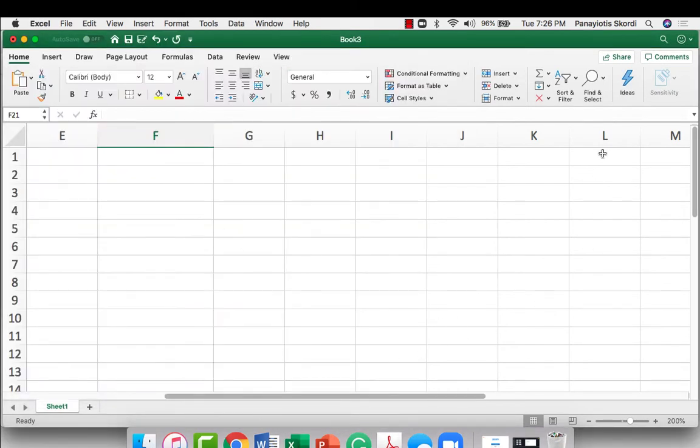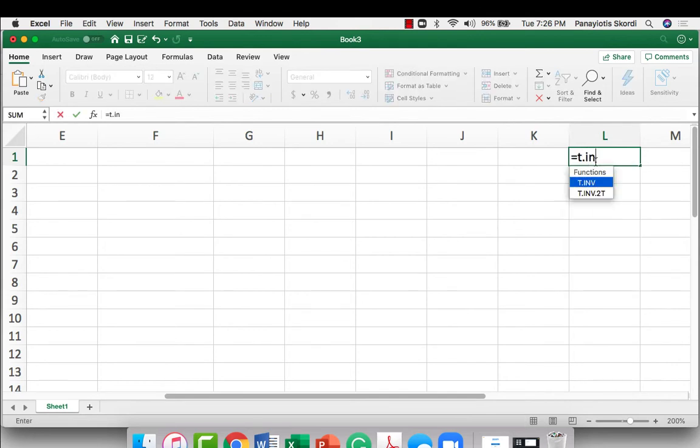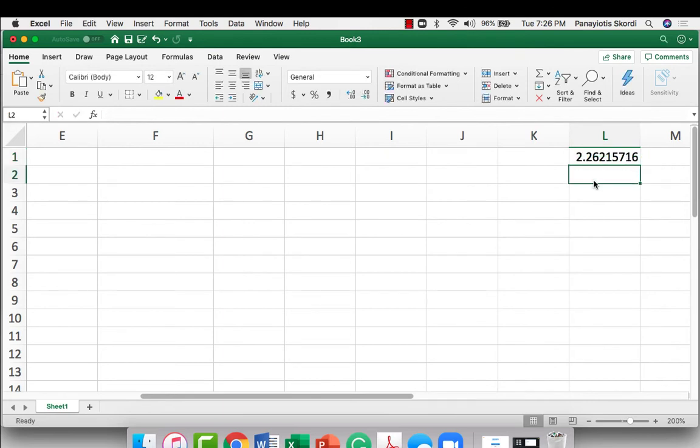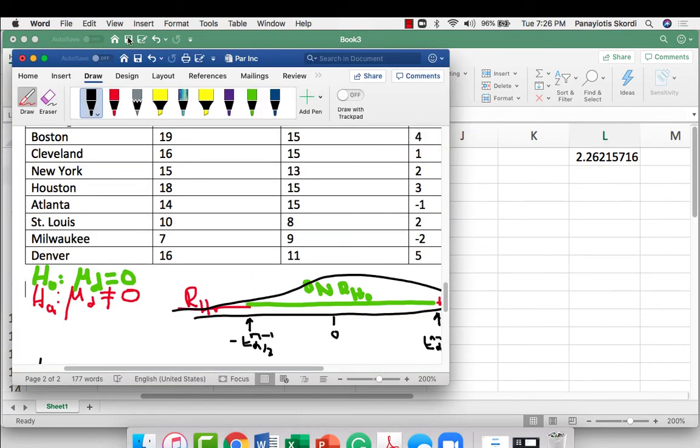So which is just over here. That's going to be equal to t dot inverse 0.975, comma, degrees of freedom is 10 minus 1, which is 9, giving us a value of 2.26. So we'll go back over to here so we can calculate this.